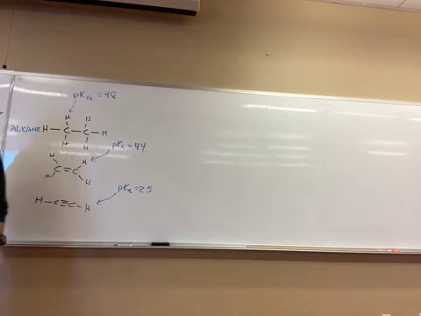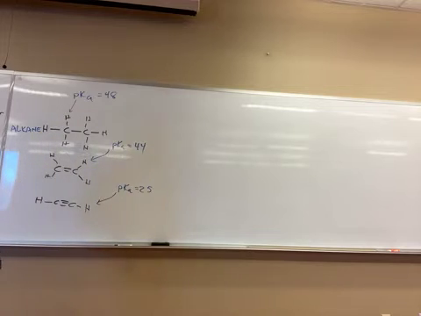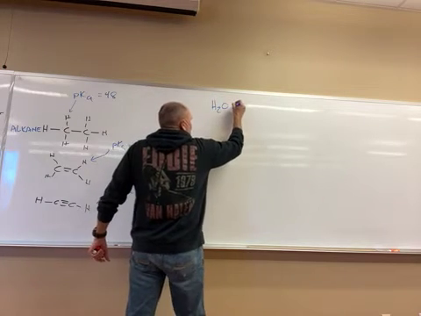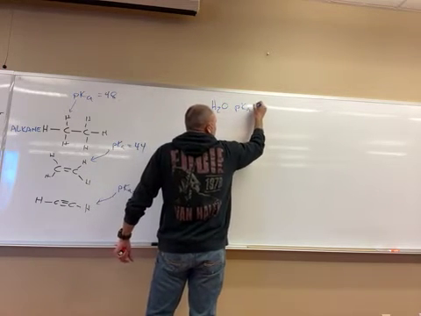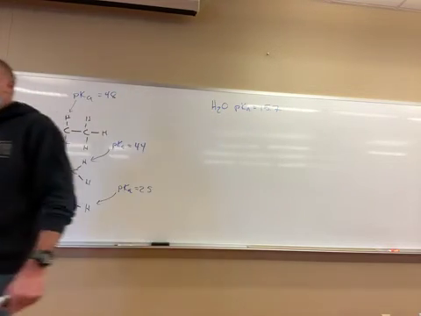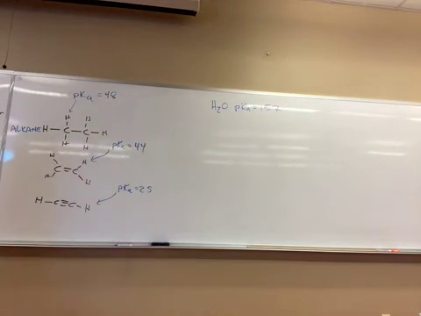Does anybody remember what water is off the top of their head? You should memorize that. I'm not big into memorizing tables, but that one I would memorize. Anybody remember what it is? Around 15. Yeah, good. It's 15.7, around 16. So watch what happens with my pKa.